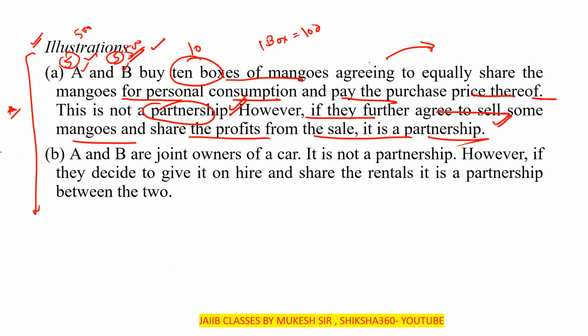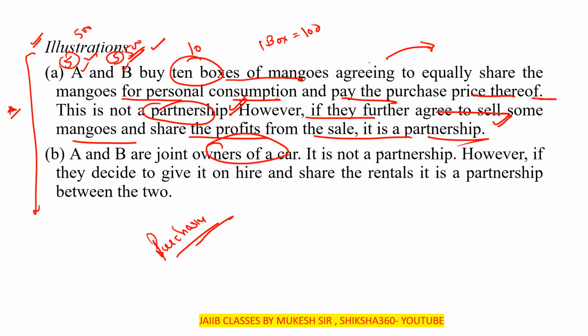Next, one more case, let's try to understand the second point. A and B are joint owners of a car, or purchasing a car in the name of the firm.